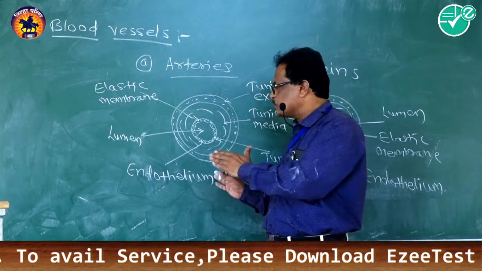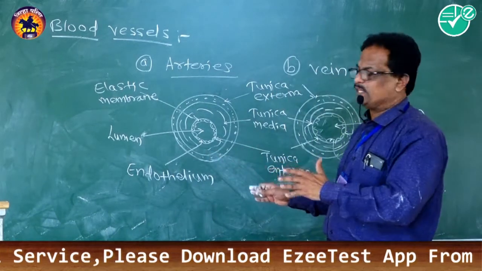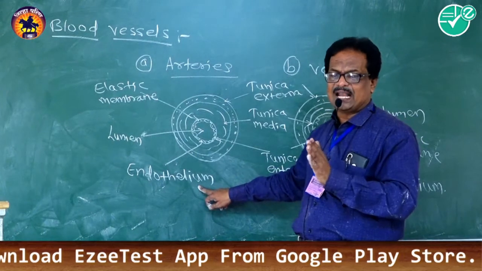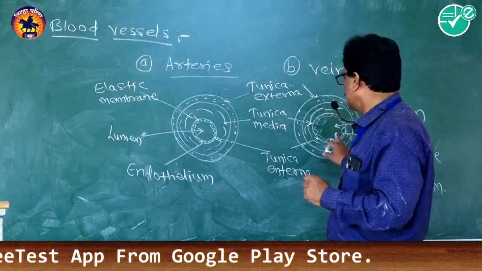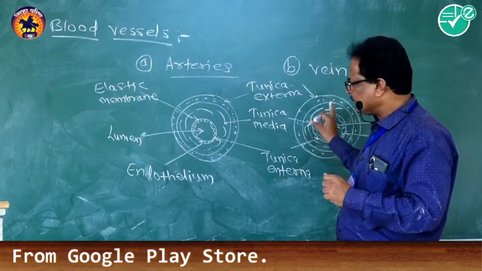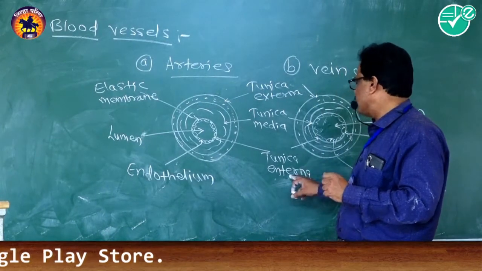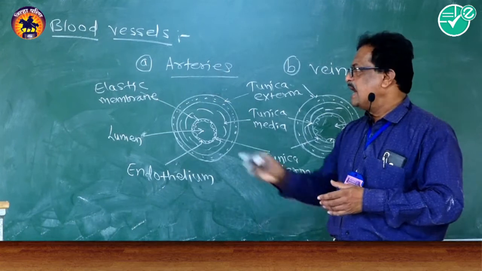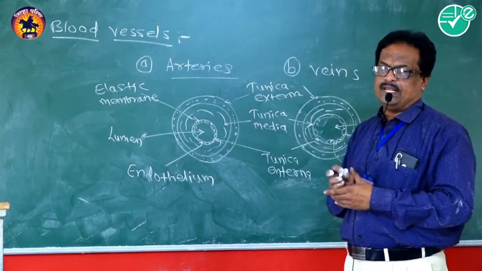The same structure, that is the elastic membrane and a single layer of endothelium, is also present on the inner surface of the tunica interna of both the arteries and veins.